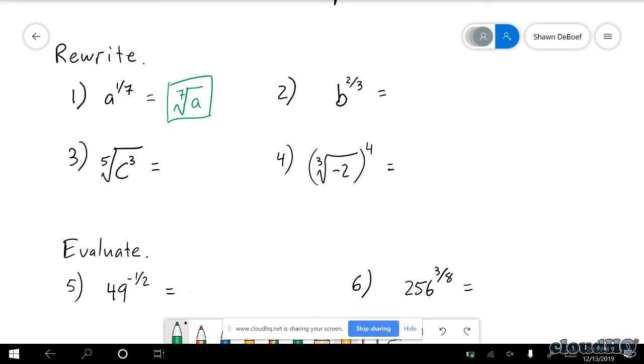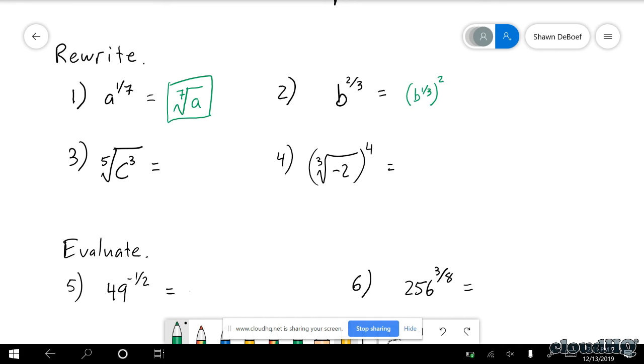If we think about our properties of exponents that we've talked about previously, you could rewrite this and separate the exponents. I can think of it as b to the 1/3 to the power of 2. We've learned before, if we have a power raised to a power, we multiply them together. So if you took 1/3 times 2, that would be the 2/3.